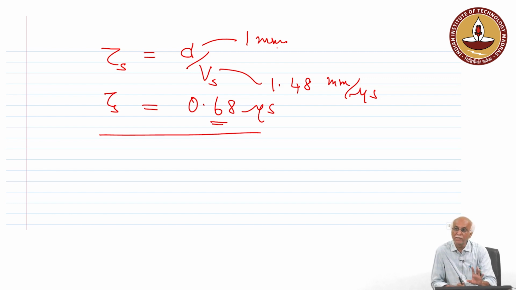So a laser pulse width shorter than this is better. It indicates that the laser pulse width will be much shorter than this, a few nanoseconds, etc., if we are using a pulsed laser. If we are using, let us say, a diode laser, etc., which is CW, continuous wave, we will have to apply a modulated output.